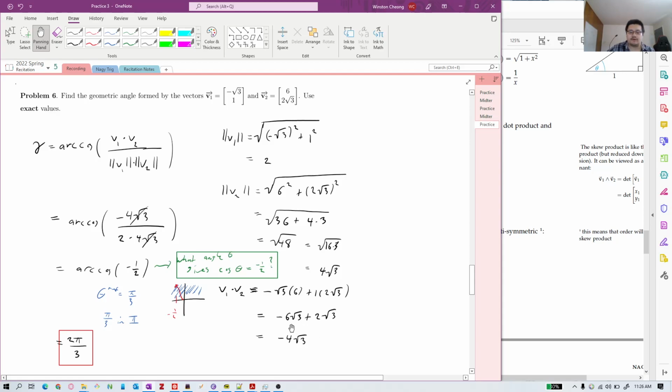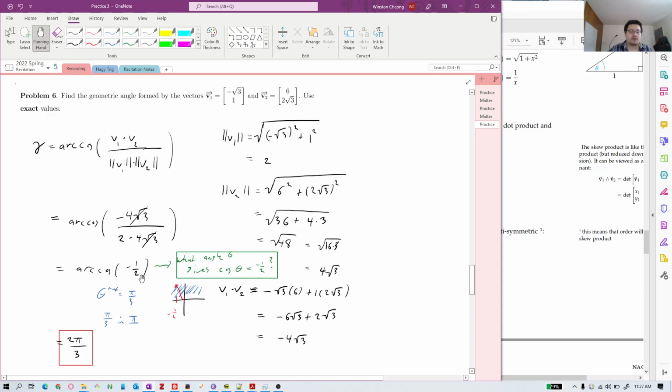So by factoring out the root 3, you see that it simplifies to this. This is like reverse distributing. Okay. So we got the dot product. Now we insert into the formula minus 4 root 3 divided by magnitude 1, magnitude 2, and you see that this 4 root 3 cancels there, and you're left with negative 1/2 inside arc cosine.